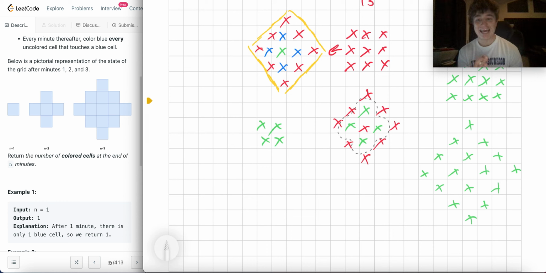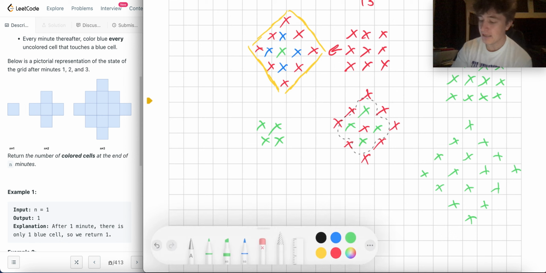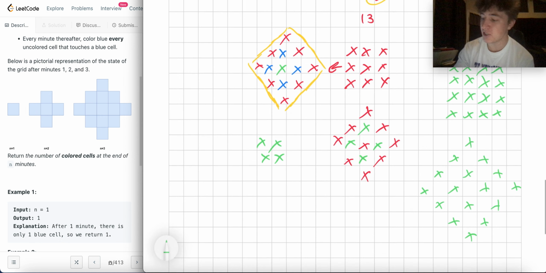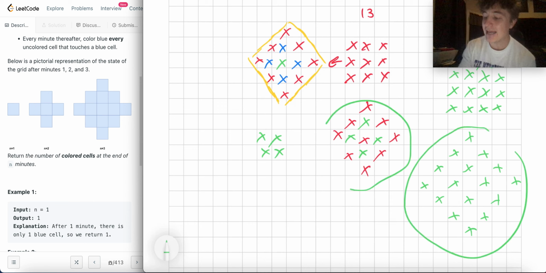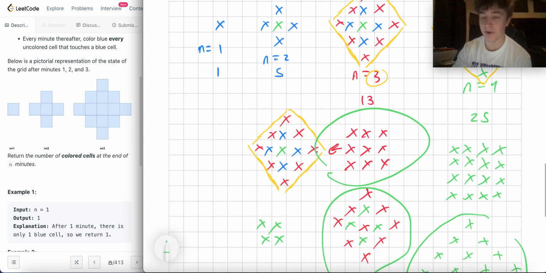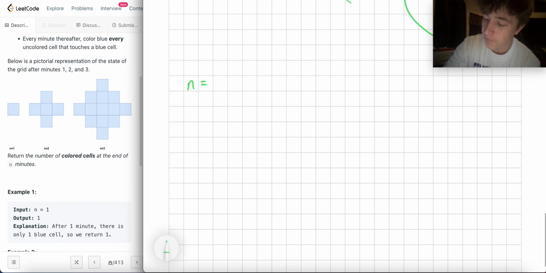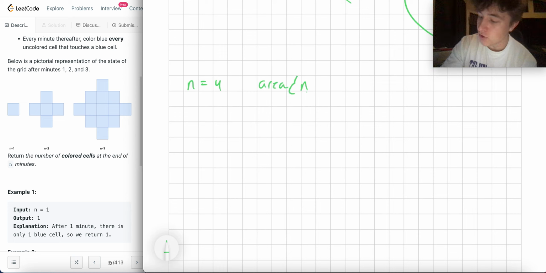So that's all to say that, for whatever reason, I've just stumbled upon the fact that for this diamond shape, the equation of a diamond shape is, well, the number of grid cells it covers, right? The area that it covers is a square, and then you add in the square of one size smaller. So for n equals 4, what we took was the area of an n equals 4 square plus the area of an n equals 3 square.